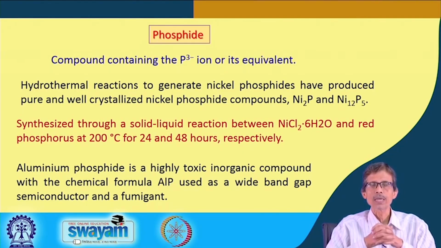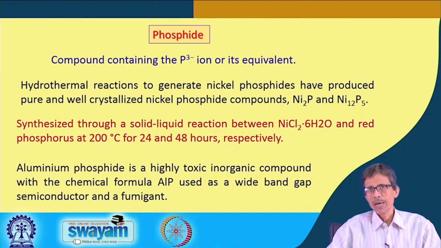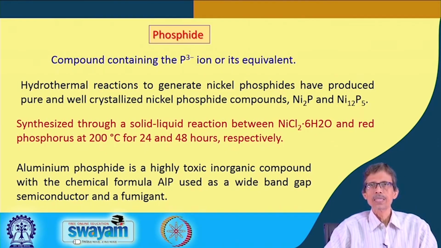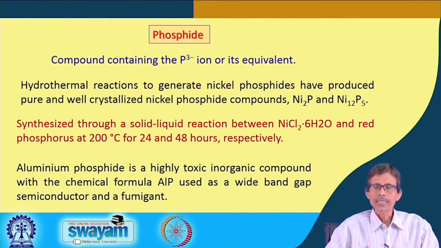Because industrially, whatever we have seen, starting from making ammonia to production of sulfur dioxide, we know that balancing these two parameters, the pressure and temperature, is always important. So we can go for a very high temperature or a high pressure reaction for this.